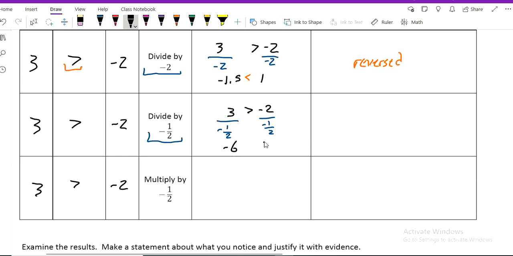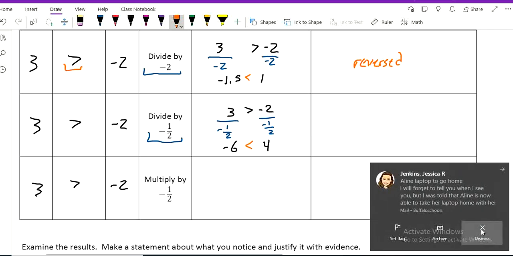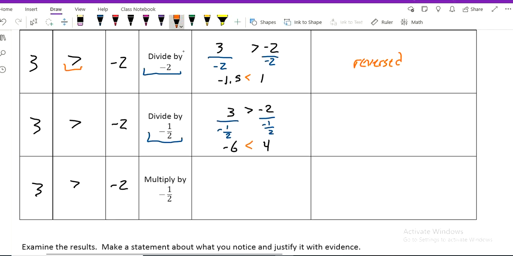Down here we'll end up with +4. And you can always type those in your calculators. So what happens to my symbol? Well, this is a +4, so it has to face this direction. So again, we see how it was reversed. It changed the direction that it was facing.